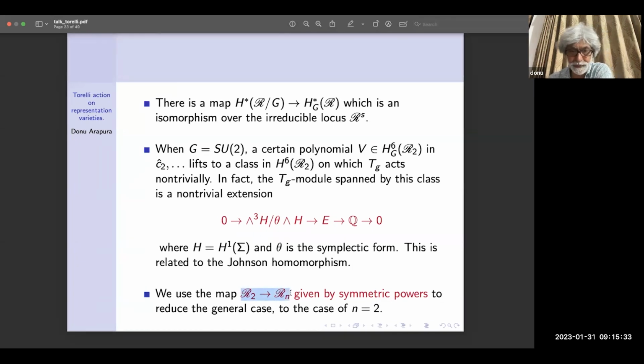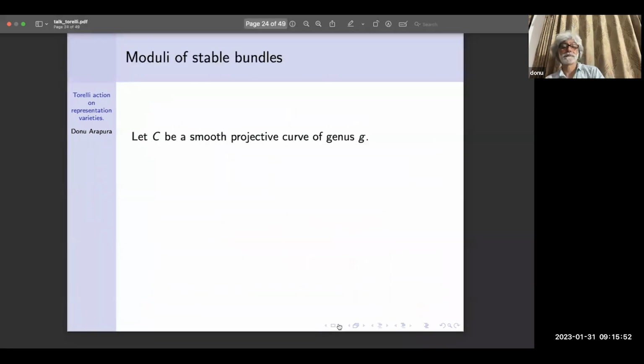Again, there are some small calculations to handle, but you can show that the non-triviality in rank 2 gives you the same result in rank n. All right, so that's the first theorem.